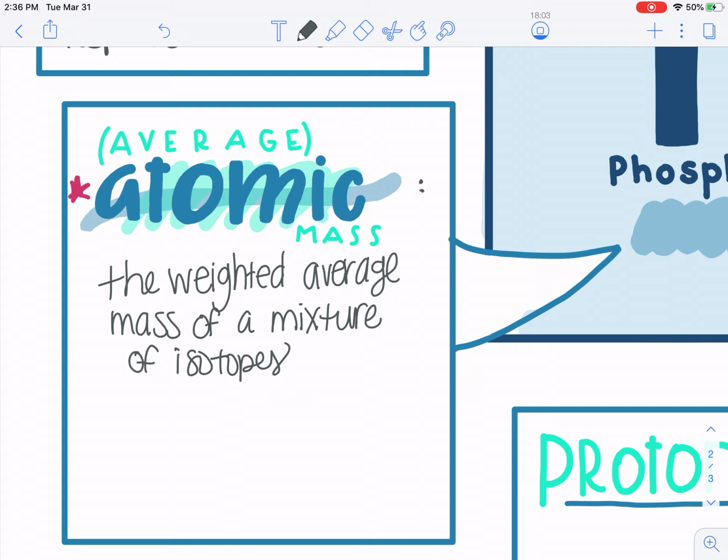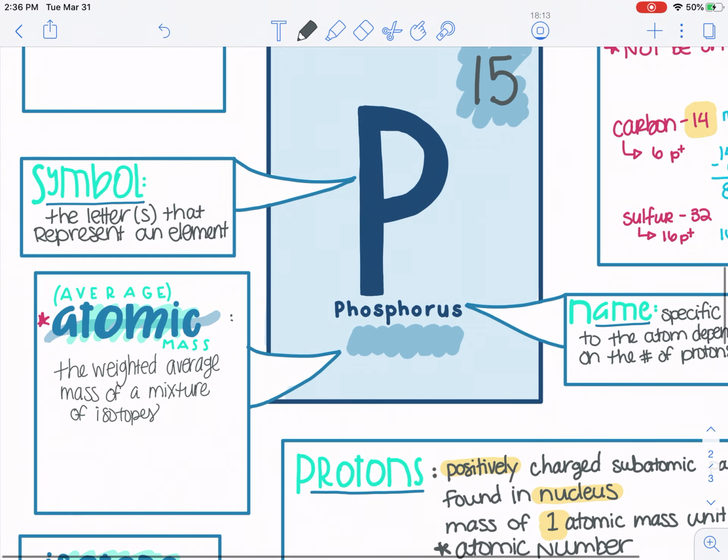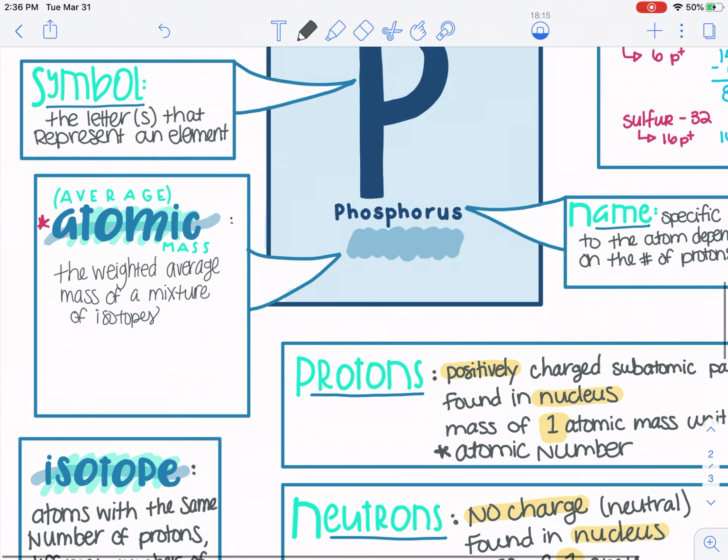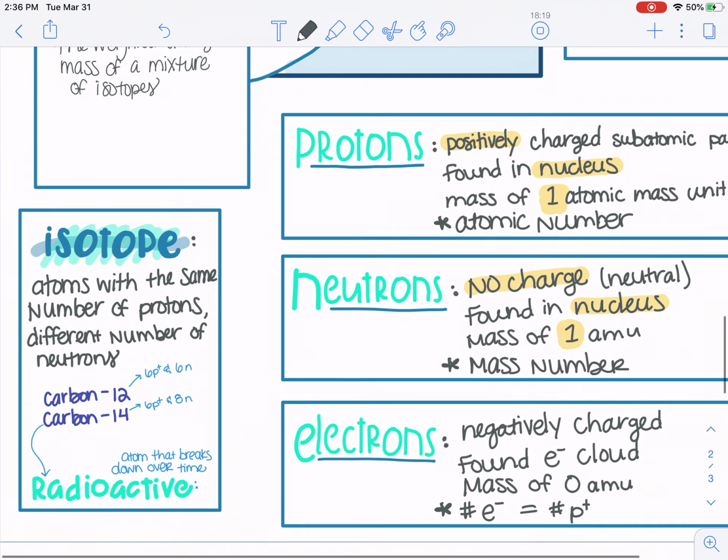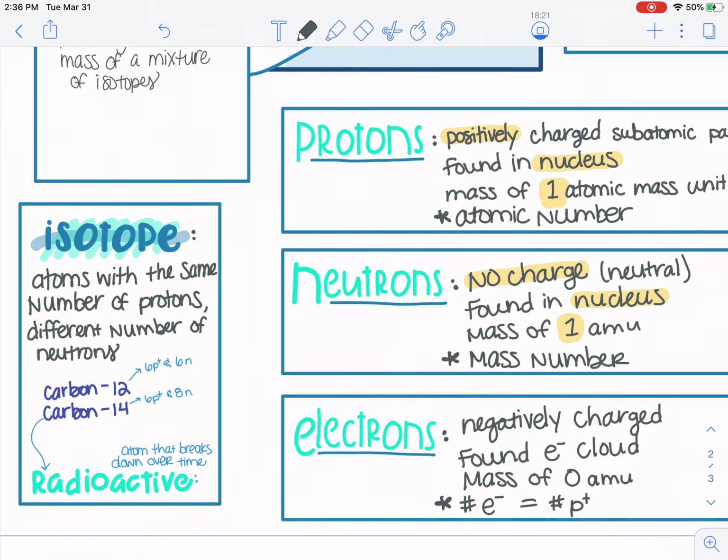So this takes into account how much of each isotope exists. It's not just a plain average. We have to figure out which one is the most common and things like that. Again, we talk average atomic mass in a whole separate lesson, so we'll come back to that one and add more later.